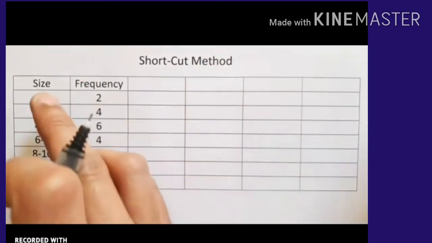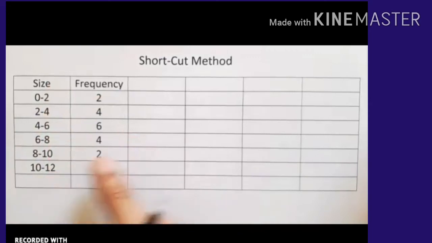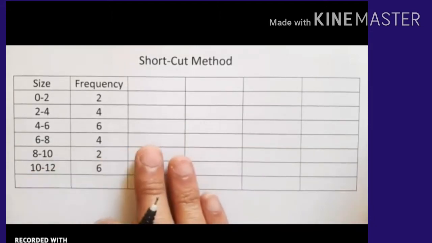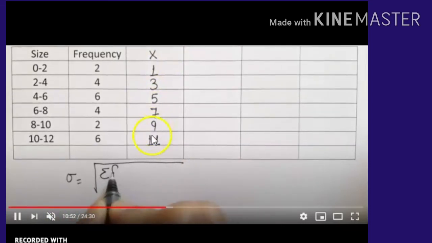Next, how will you find it by the shortcut method? That is the next problem. Using the same problem, we can find it by the shortcut method with a different formula. Here x, you know, is 1, 3, 5, 7, 9, 11.